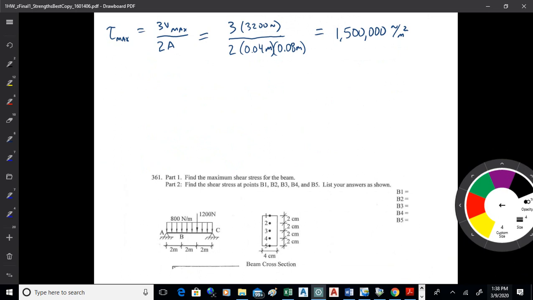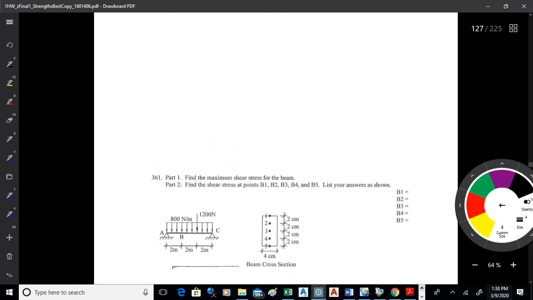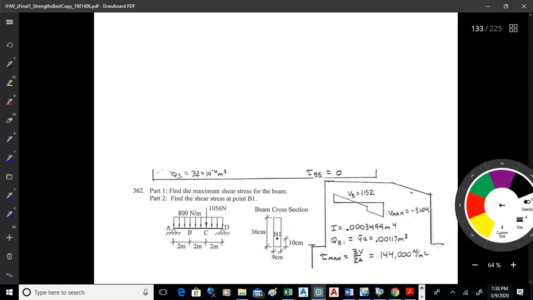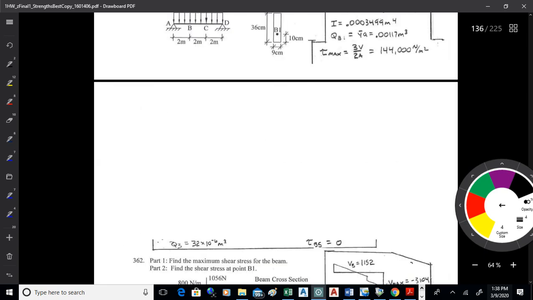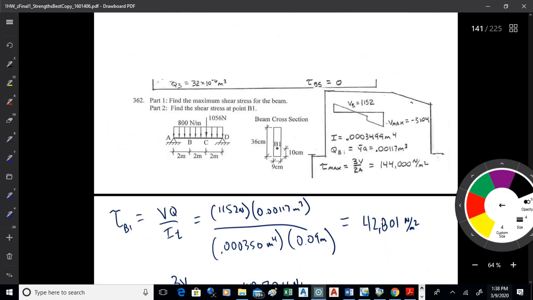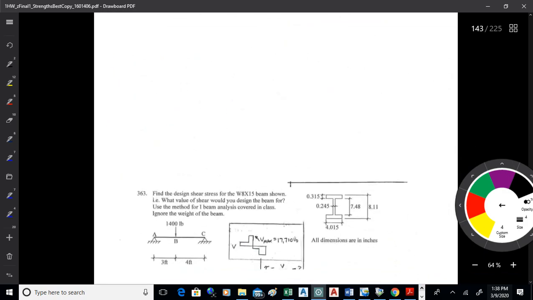Good. Okay. So that's the shear and beams, okay? .363 is very, very similar. It's a very similar type problem, except you just got one shear to find, that's all.